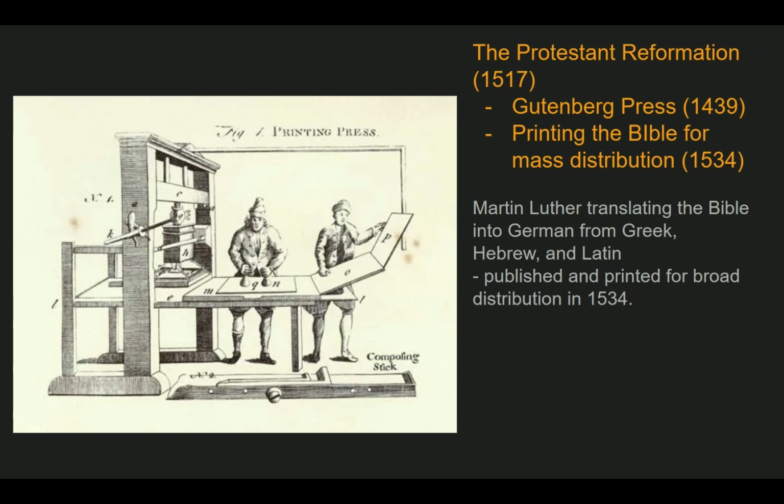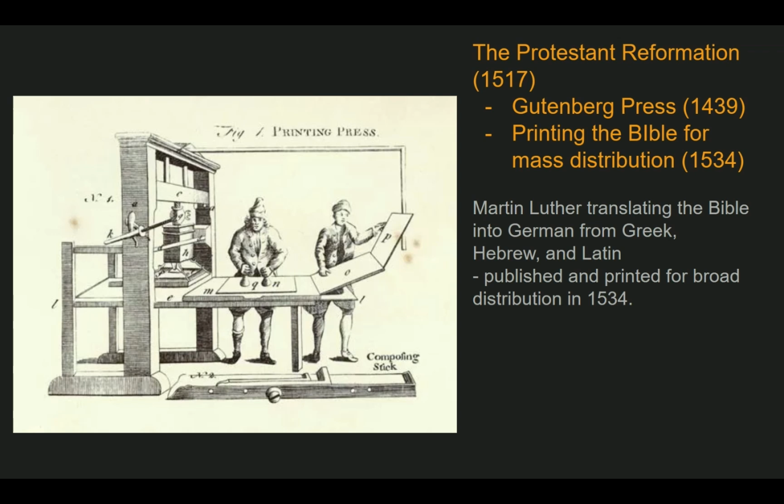With the creation of the printing press, and under Martin Luther, he translates the Bible into German. Sorry, I meant part of it was originally in Hebrew and Greek, etc. But anyway, it's published and printed in readable language.